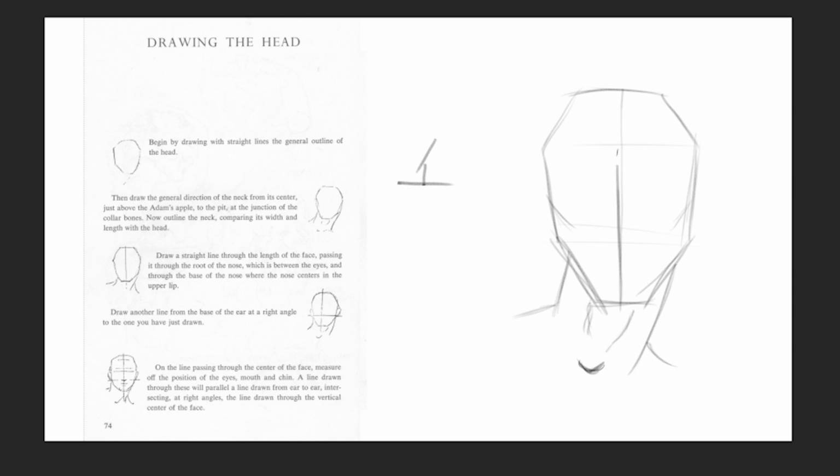Then it's the center line. And then after the center line, you put in the nose, or the baseline for the nose, which is then going to help you find the baseline for the ears. Now, a lot of these drawings that he does throughout this chapter will have either the side of the head or under the nose as the second line of measure to work from, the center line being the first, this one being the second, then the cheek line being third, crossing through the cheek line, and then all the other points.